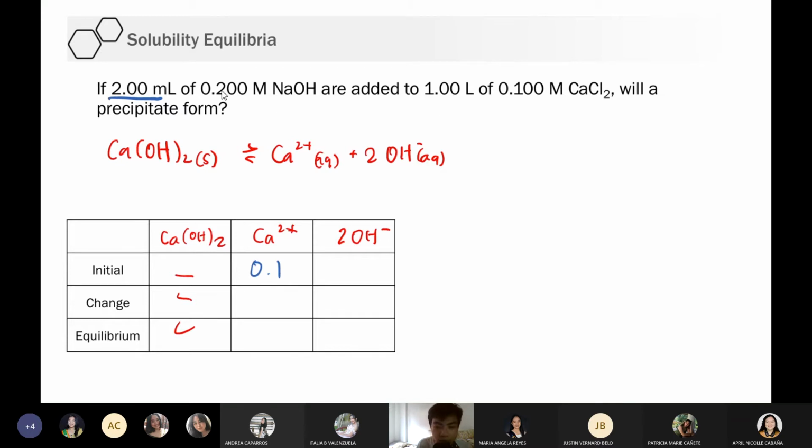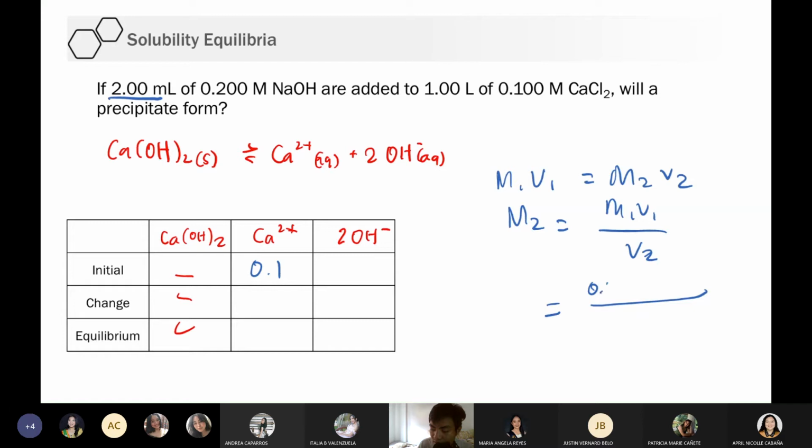So, alamin natin kung ano yung magiging final molarity niya when we mix it sa solution. We can use the dilution formula, M1V1 equals M2V2. So, to get for the final molarity, that's M1V1 over V2. So, the initial molarity is 0.2 molar. Initial volume is 2 ml. And the final volume is still 1,000 ml. O, in-approximate natin to ha.